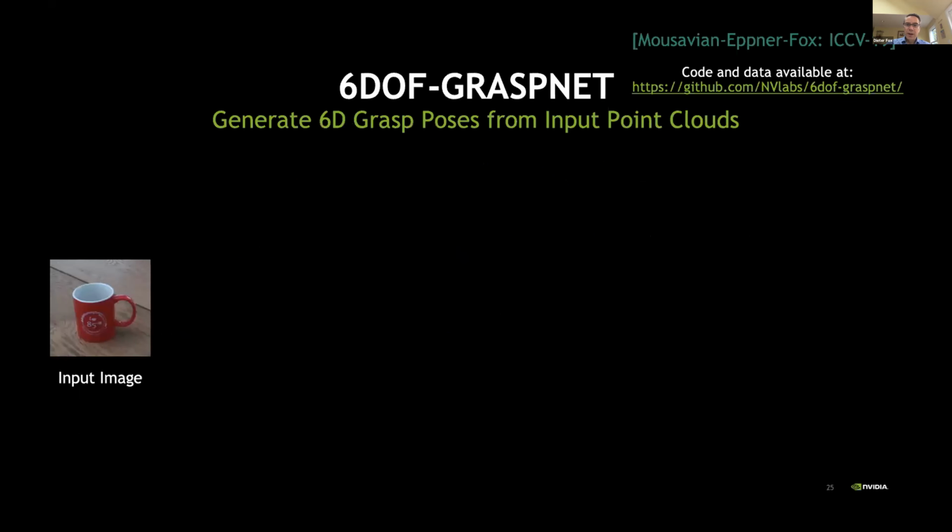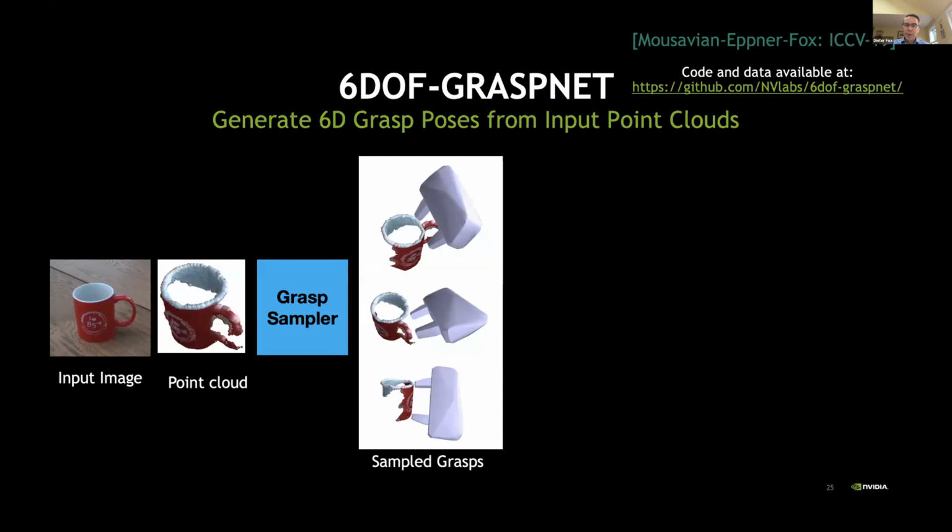One is work that was published at ICCV last year by Arsalan Mousavian, where we are learning deep networks that take an input point cloud and are trained to generate 6-degree-of-freedom grasps for these objects.